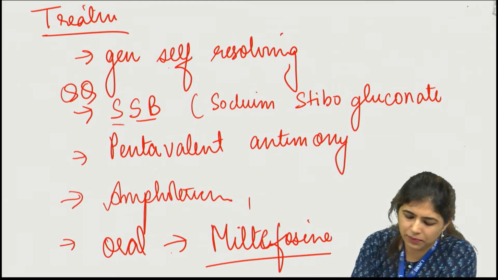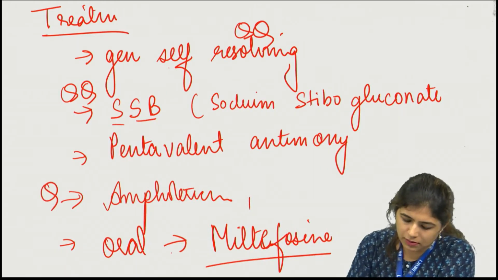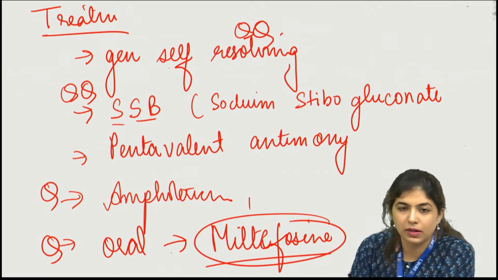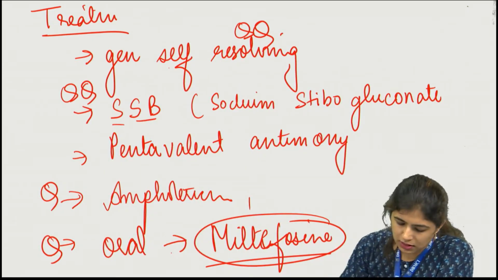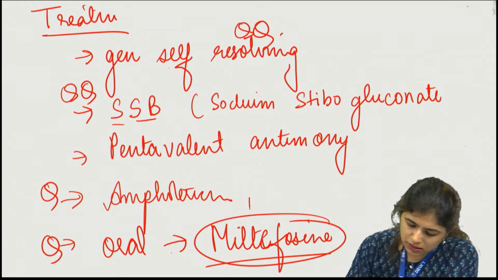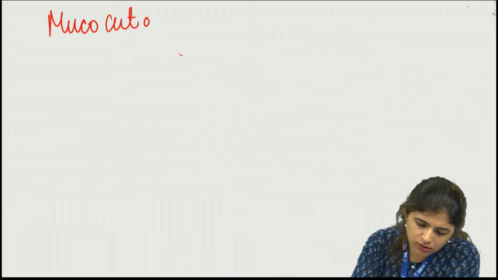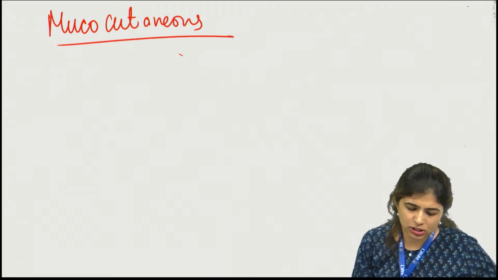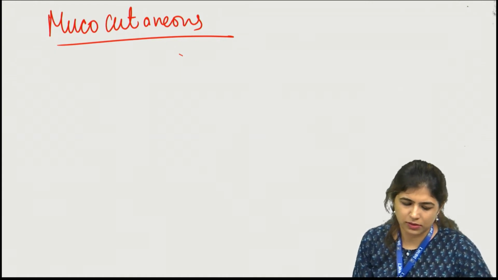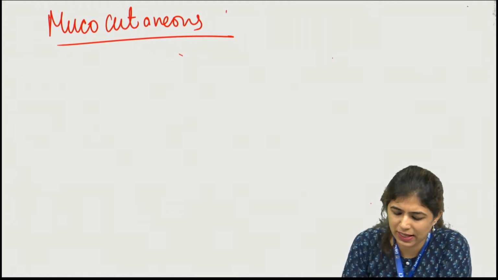Question comes on this, on this, and on this. Clear? Will you all remember this? Yes. Then one more thing that you need to remember is the cause of mucocutaneous leishmaniasis.